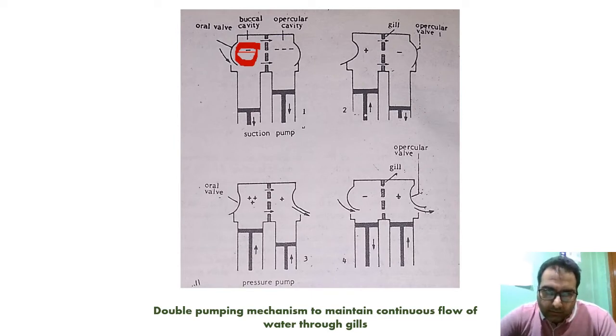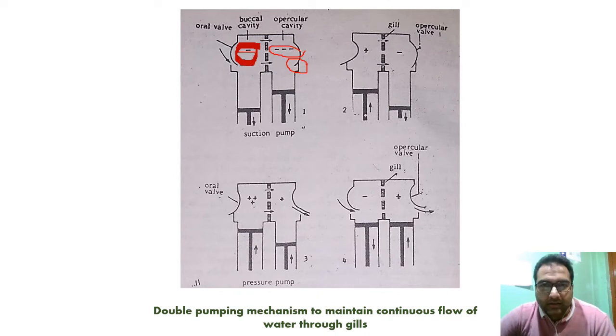When the mouth is full of water, the operculum is moved a little bit, and the opercular cavity increases. The opercular valve is still closed, and thus negative pressure is created inside the opercular cavity.